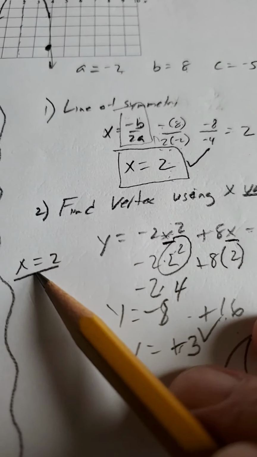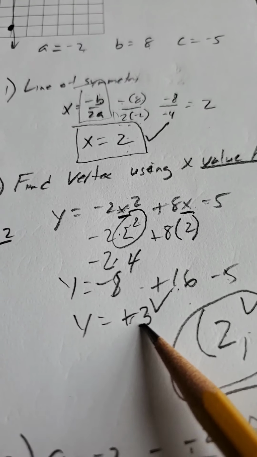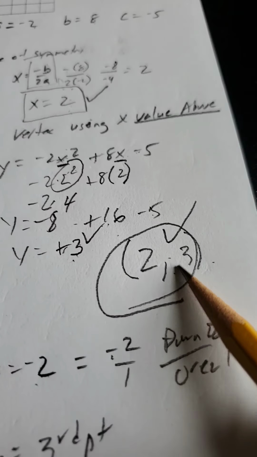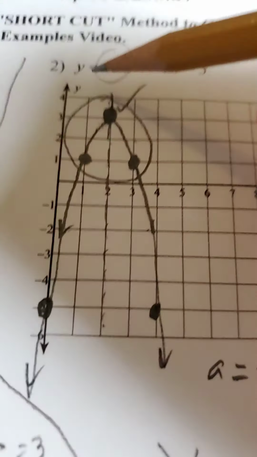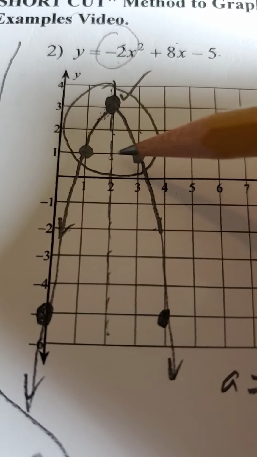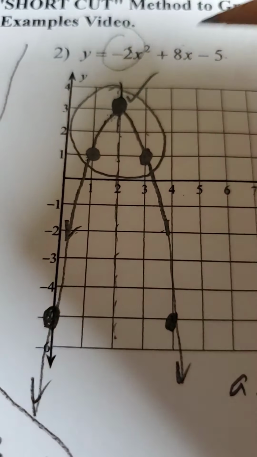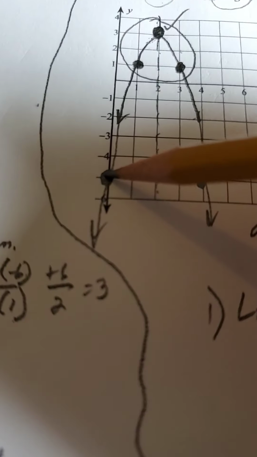Okay, we're going to pick x equals 2, find y equals 3 mathematically, and then we're going to use that as my vertex. Bam. And then the a number tells us to go down 2 over 1, and then symmetry tells me to go over there. And then in this problem, since c is a reasonable number and it fits on the graph, it's kind of helpful. Okay. All right, good luck.